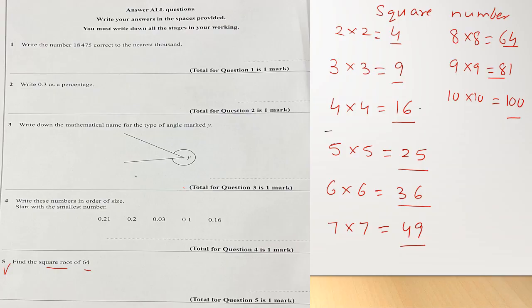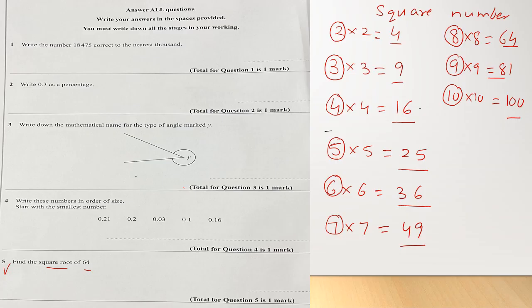And when they say find the square root, the square root is the number that was multiplied. 2 is the square root of 4. 3 is the square root of 9. 4 for 16, 5 for 25, 6 for 36, 7 for 49, 8 for 64, 9 for 81, and 10 is for 100.